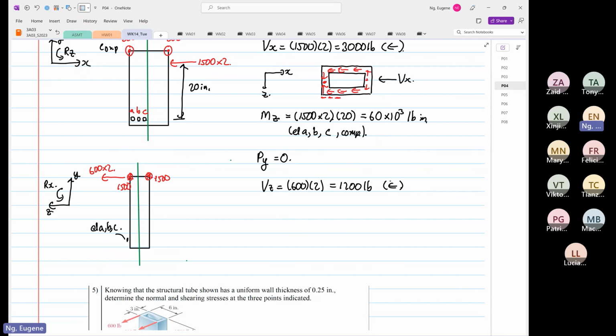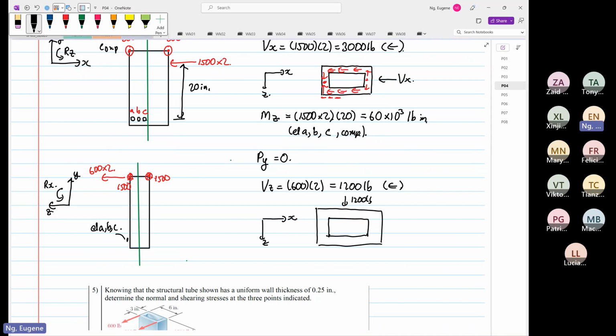So now if we were to draw this view, this is X and this is Z. Our shear flow, so this is our 1200 pounds.